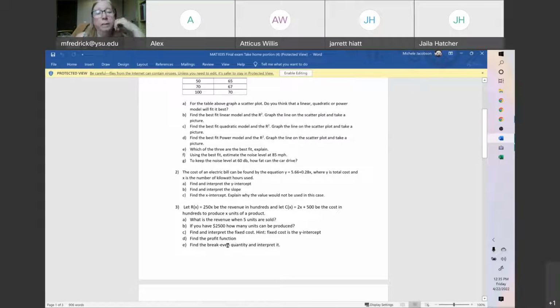Oh, remember, how do you find the profit function if you have revenue and cost? Anyone? For number 3, if you have revenue and cost, how do we find the profit function? The revenue minus cost.